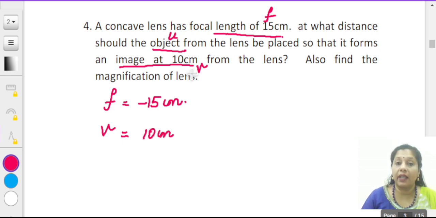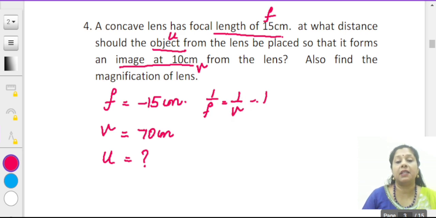In the case of concave lens, the virtual images are formed on the same side of the object, or in front of the lens, so it is always negative. So how to find out U? We can use the lens formula, that is 1 by F is equal to 1 by V minus 1 by U.